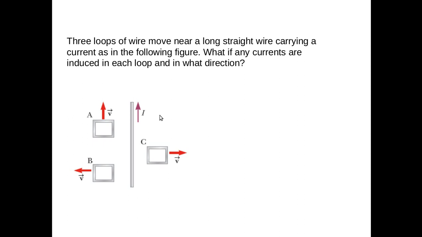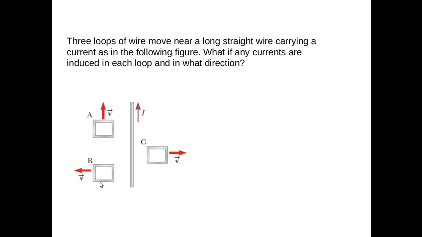So on this side of the wire, the field is going into the page. I have a bunch of X's over here because the magnetic field is going into the page. Over on this side, it's coming out of the page. Your fingers wrap around, going into the page on this side, and coming back around, out of the page on this side.